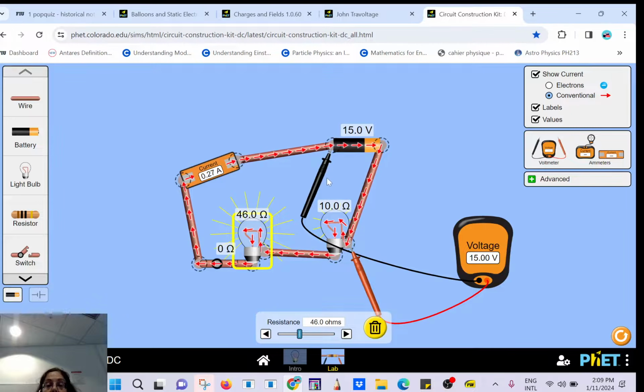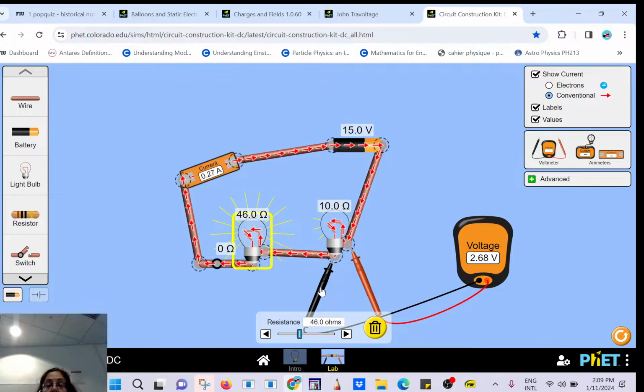Okay, let's find out what's going to be the voltage drop. About 2.68 volt. So what do you think the voltage is across here? So you start with 15, you drop by about 3. So how much is left? 12, about 12, right?